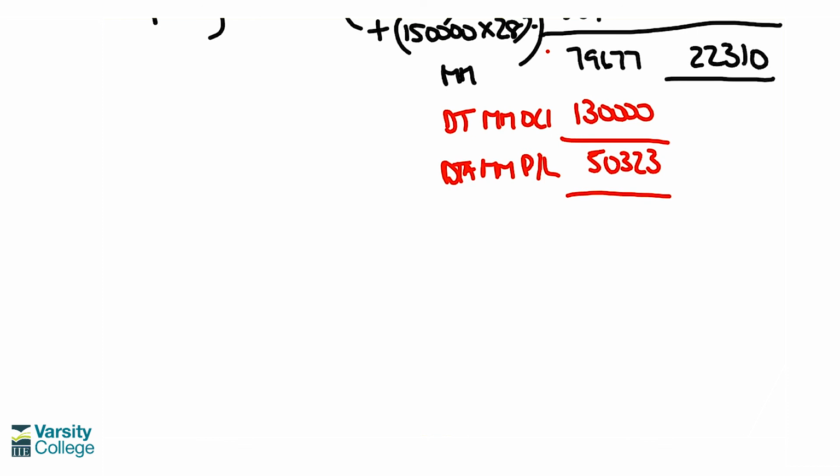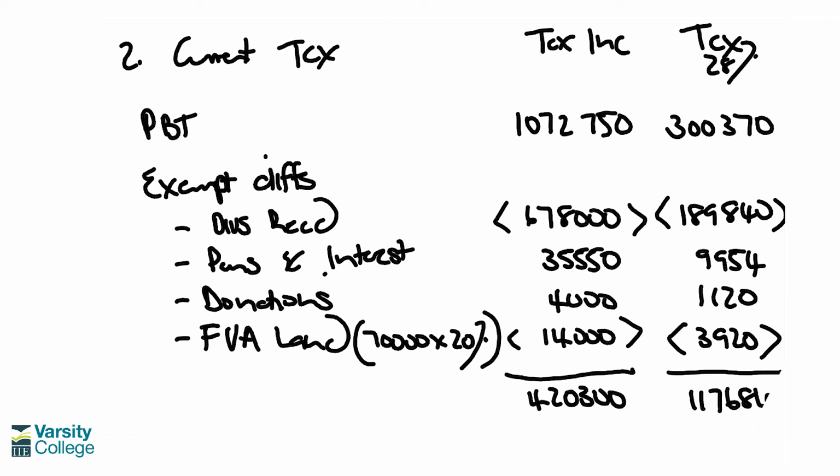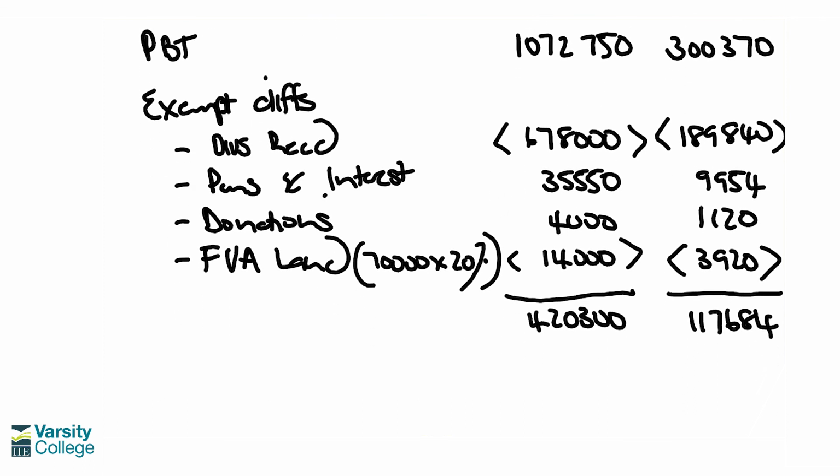So I'm going to go back to it. Here it is. So 420,300 was where we ended in terms of our current tax calculation so far. So all we do now is we put in our deductible temporary differences, because remember, deductible temporary differences is what creates a deferred tax asset.